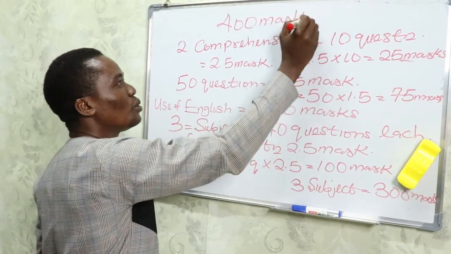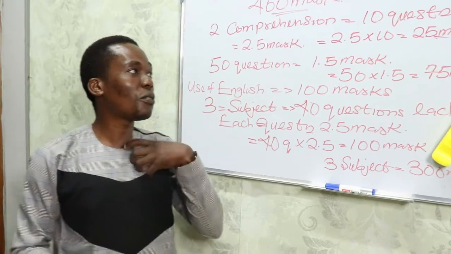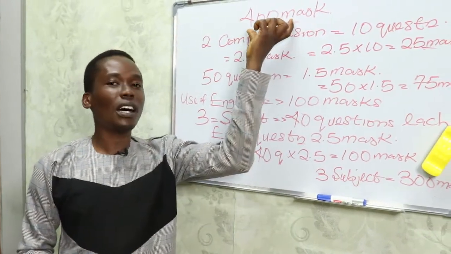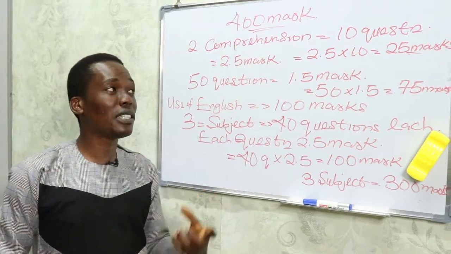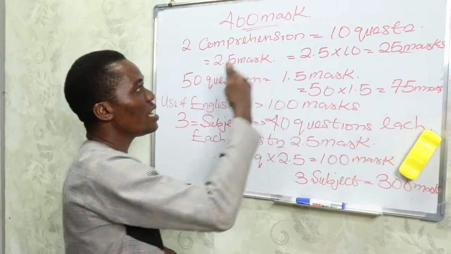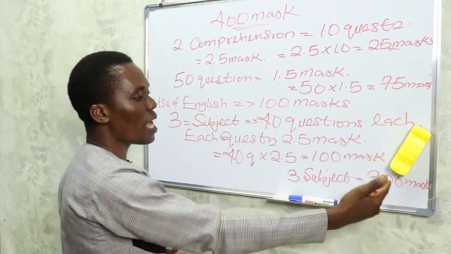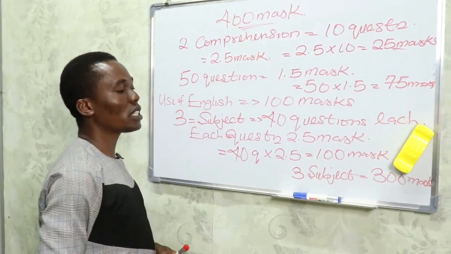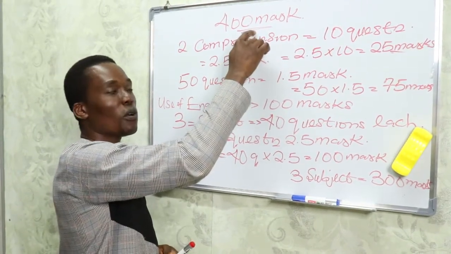So once you are going into your examination, you should have at the back of your mind that you are going to answer 180 questions, which is 60 from English language and 40 from each of the other 3 subjects, for 400 marks.